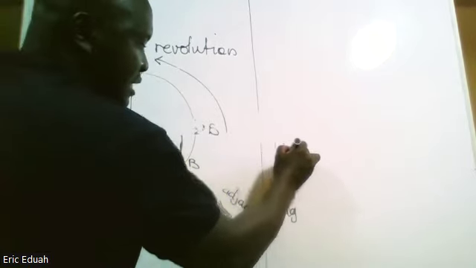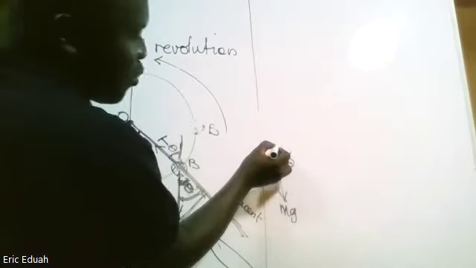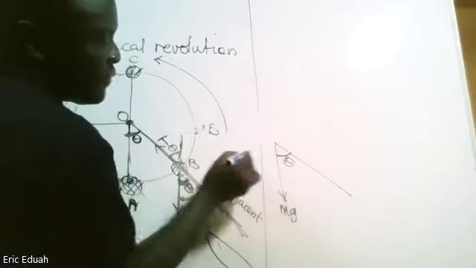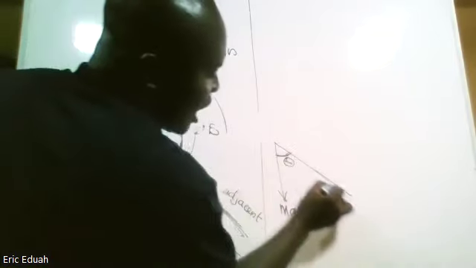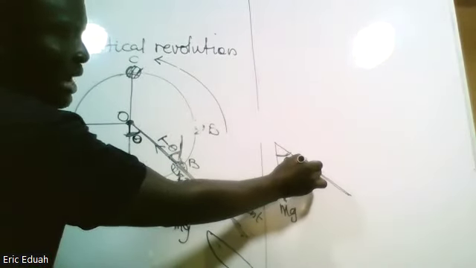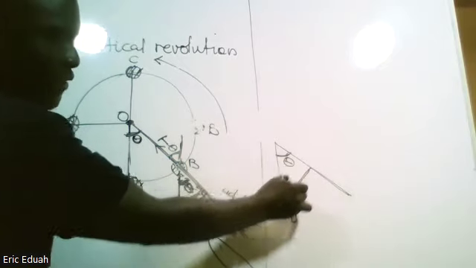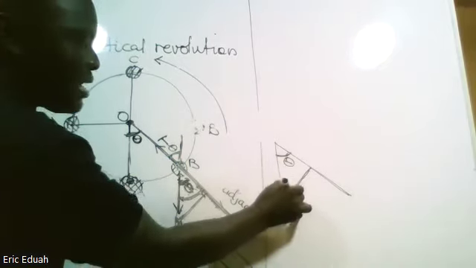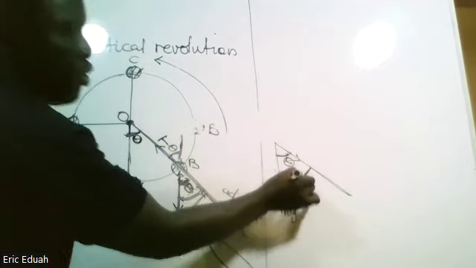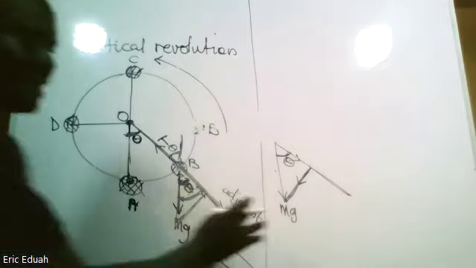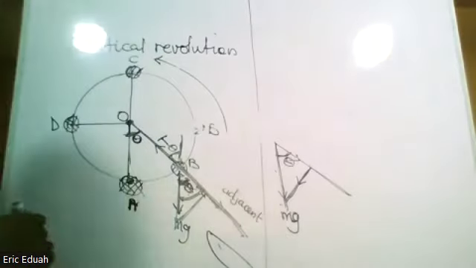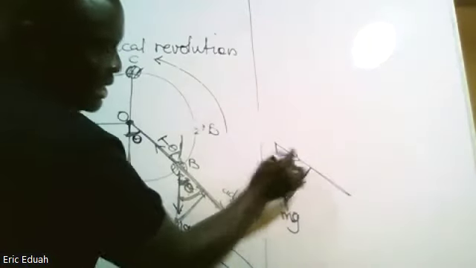The angle is theta. Now, when you draw this line, which would help you measure the magnitude of this angle, along this line, we have the adjacent. So when you measure a perpendicular line from this line, you have the opposite. So we have a right angle triangle, this side to be the hypotenuse, adjacent, and then the opposite. The hypotenuse is mg. The angle is theta.